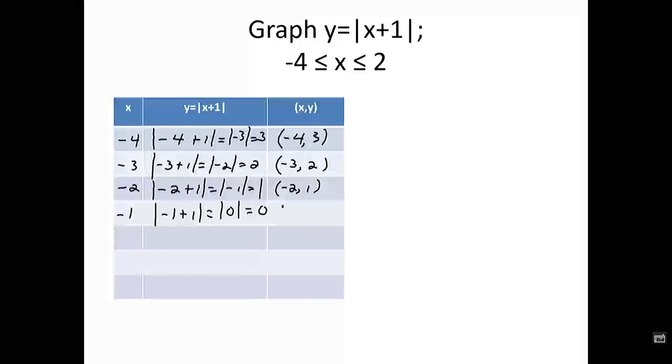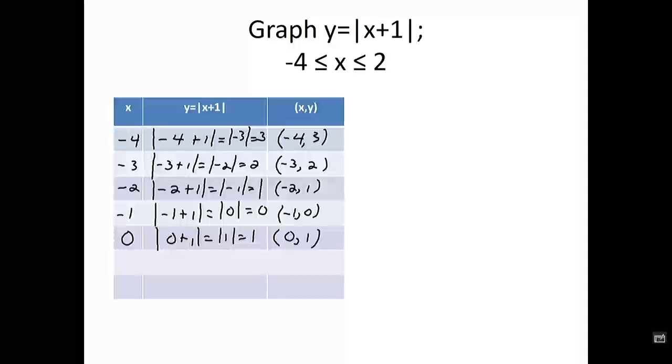The corresponding ordered pair is -1, 0. When x is 0, we have 0 plus 1, which is the absolute value of 1, which is 1. The corresponding ordered pair is 0, 1.